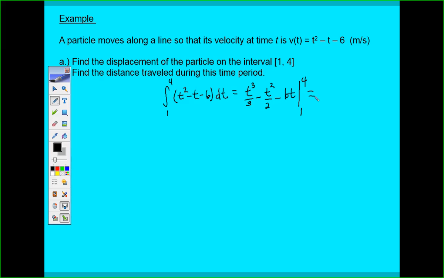If we calculated this using the fundamental theorem, we'd get 4 cubed divided by 3, 4 squared divided by 2 minus 6 times 4 minus, now we'd plug in 1, and if we perform this calculation, we'd get negative 9 meters. That would be our displacement.